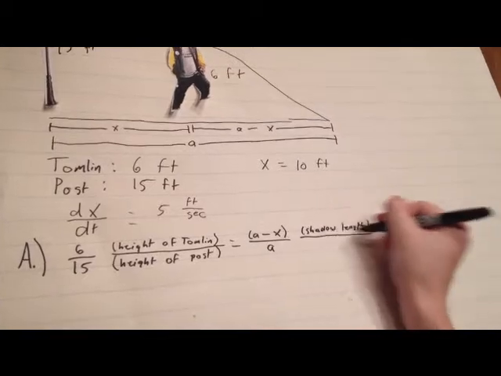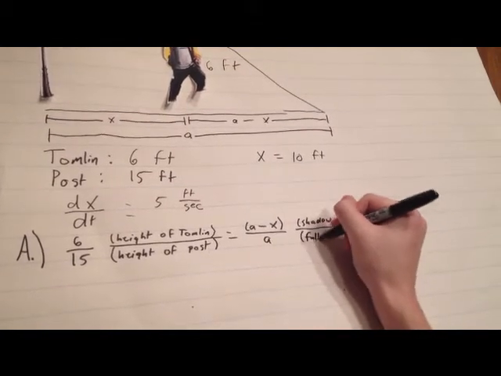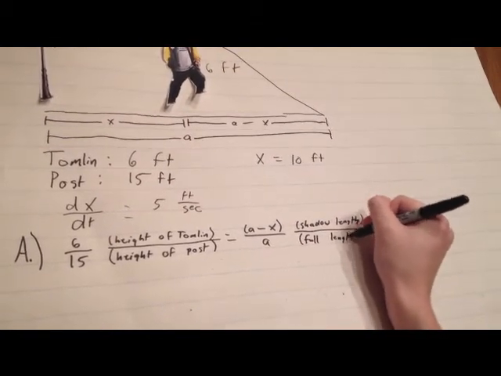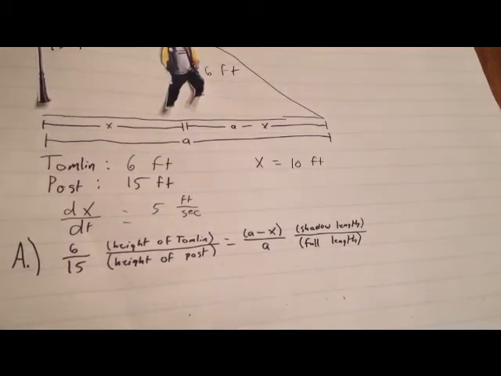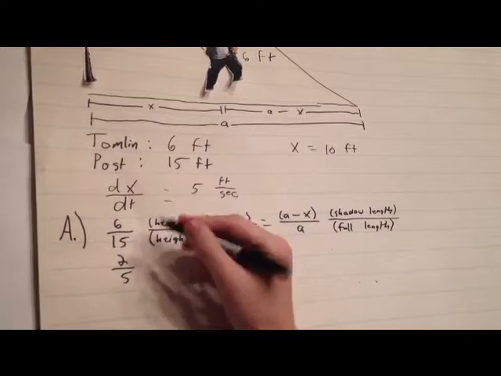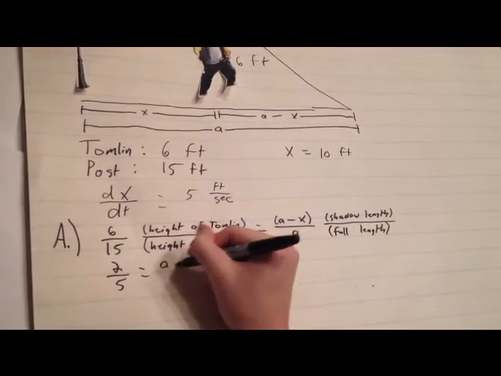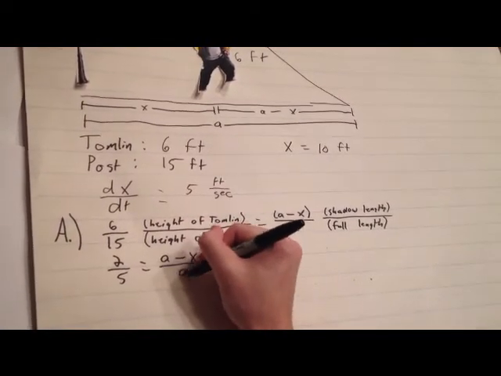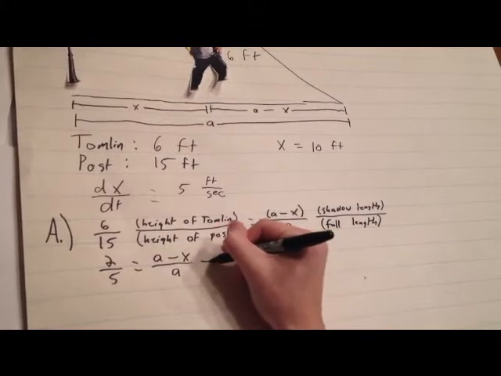Alright, and now 6 over 15 reduces to 2 over 5, which is equal to A minus X over A. Now you want to multiply 5 on both sides.